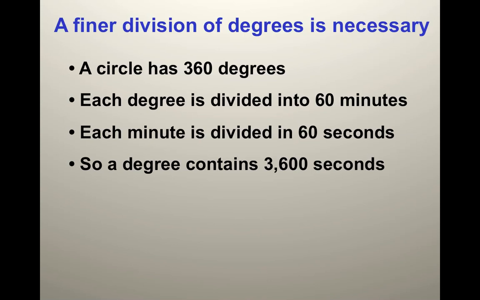We're going to divide these into smaller units so we can be more precise. Each degree is going to be divided into 60 minutes, and each minute is going to be divided into 60 seconds. So we've got degrees, minutes, and seconds whenever we're calculating latitude and longitude.